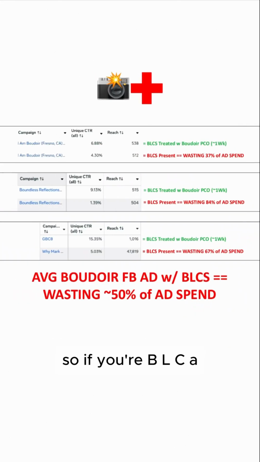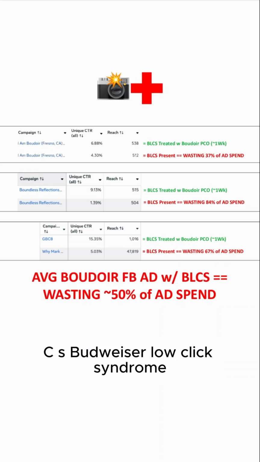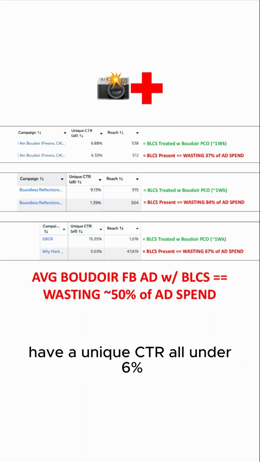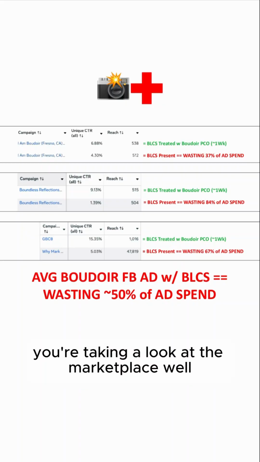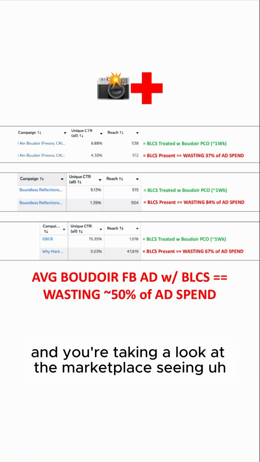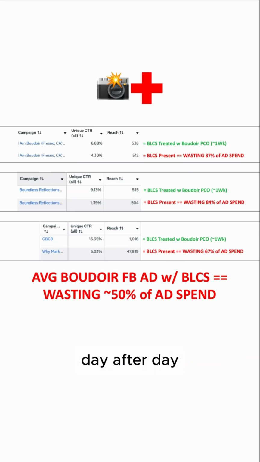So if you're a BLCA, a Boudoir low click advertiser, with BLCS, Boudoir low click syndrome, your Boudoir Facebook ads have a unique CTR under 6%. And you're spending more than 10 grand a month on Boudoir Facebook ads. And you're taking a look at the marketplace, seeing it's become more and more saturated with more and more boudoir photographers day after day.